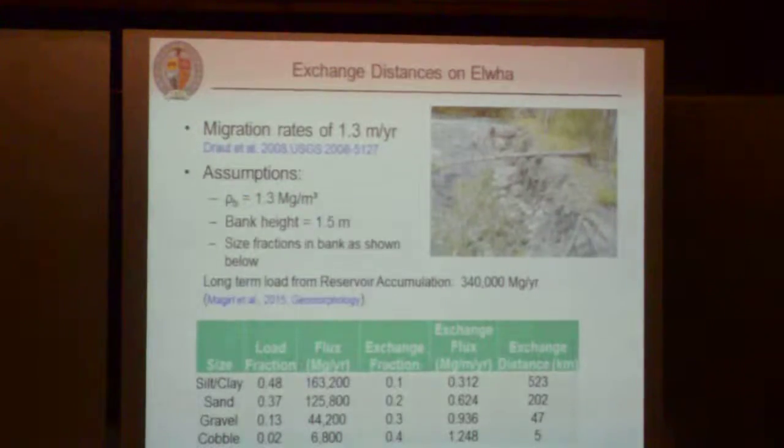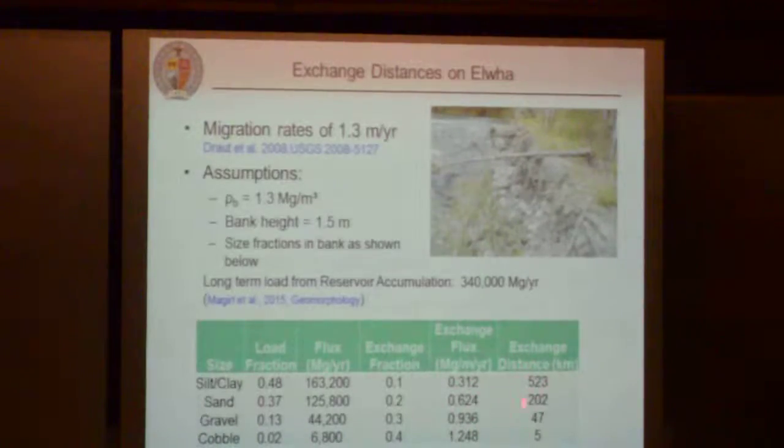Bulk density, let's see, I made some wild assumptions here about what the bank height would be. I looked at a photograph to come up with the size distribution for the material being eroded from banks. And let's just assume that that is similar to the material being deposited. So we can come up with our size-specific exchange rate, our size-specific down-channel transport rate.